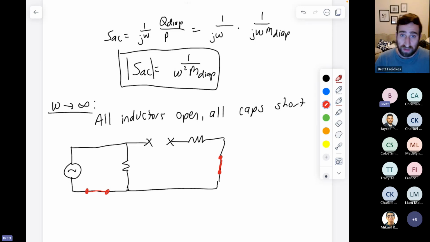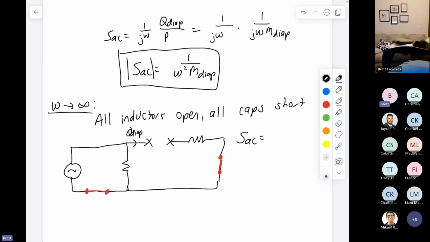But the inductor opens. So what is our sensitivity going to be? Remember, our sensitivity depends on the volume flow rate through the diaphragm. Zero. It has to be zero, because it's open.